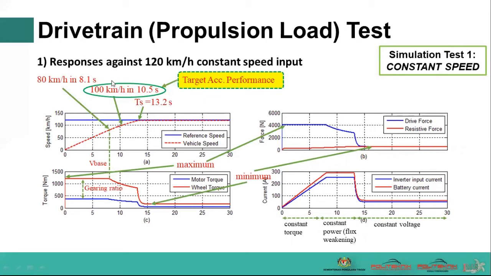We use a constant 120 km per hour speed as our input, and from this test we managed to get the target acceleration performance, which is from 0 to 100 km per hour in 10.5 seconds. So this is achieved by the model.